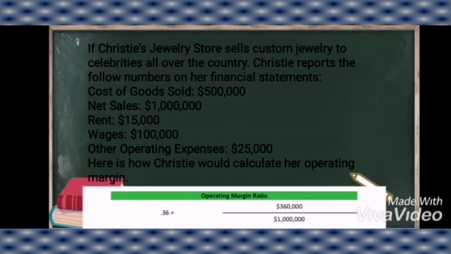So, i-minus nato ang net sales sa 640,000. Mogawas ni siya 360,000. So, mao na siya. Then, 360,000 divided by 1 million is 0.36. Pwede na nato siya i-percent. Pwede nato i-times sa 100. So, 36% siya.